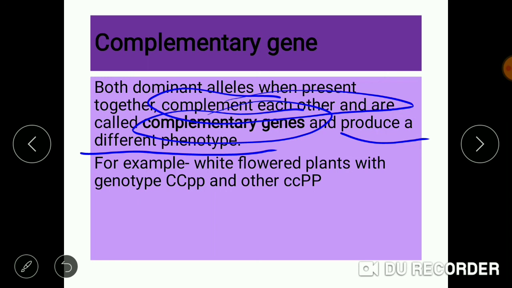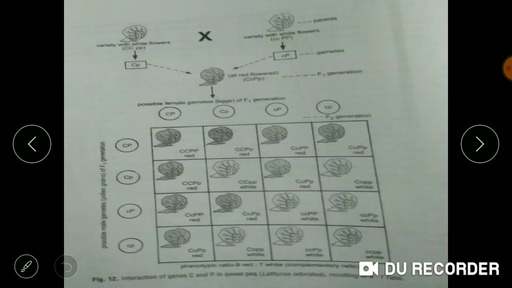For example, we have performed a cross between white colored flowers with a genotype of capital C, small p, and the other one is small c, capital P, capital P. Both are white colored flower plants having different genotypes.